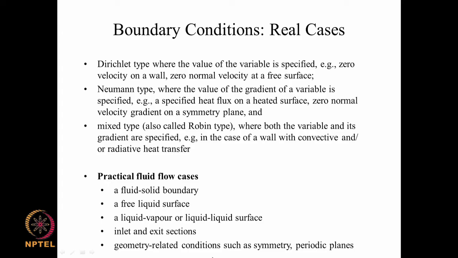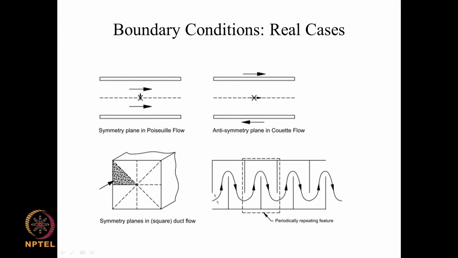And finally you have some specialized geometry related conditions like symmetry plane, periodic plane, and for example in pipe flow you have at the center a symmetry plane. So that means that flow above this and flow below this is exactly the same. So if you have a parabolic profile like this, then the upper part is symmetric with respect to the bottom part.